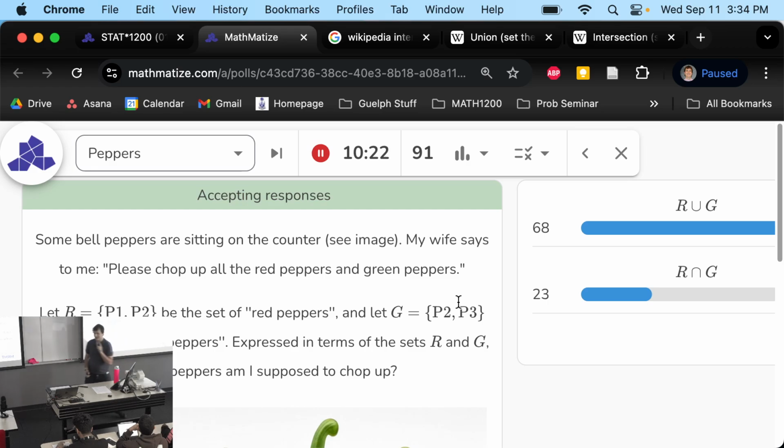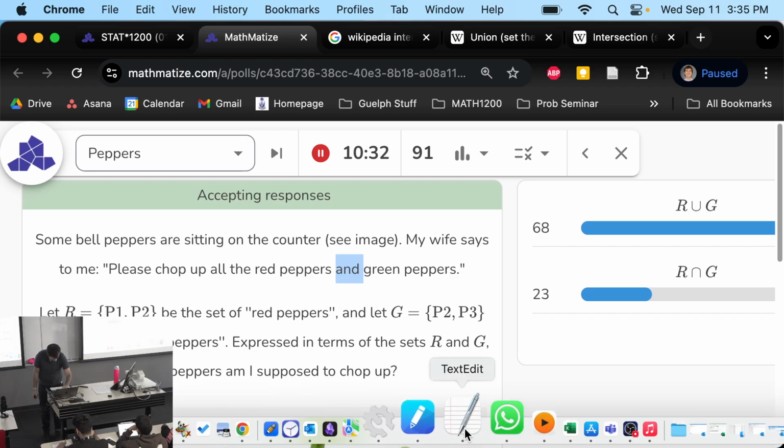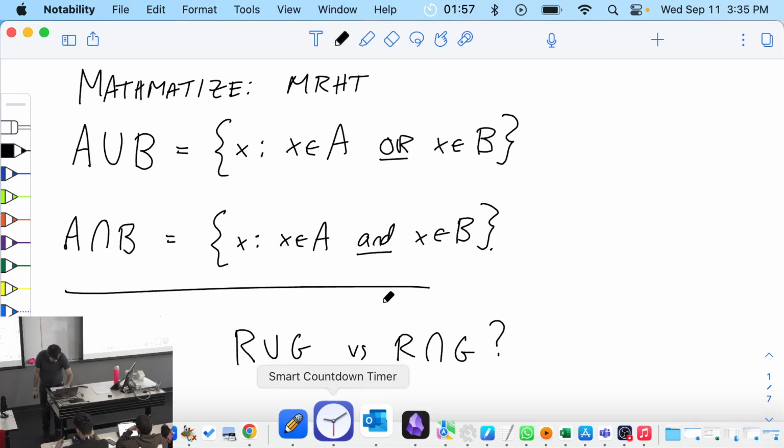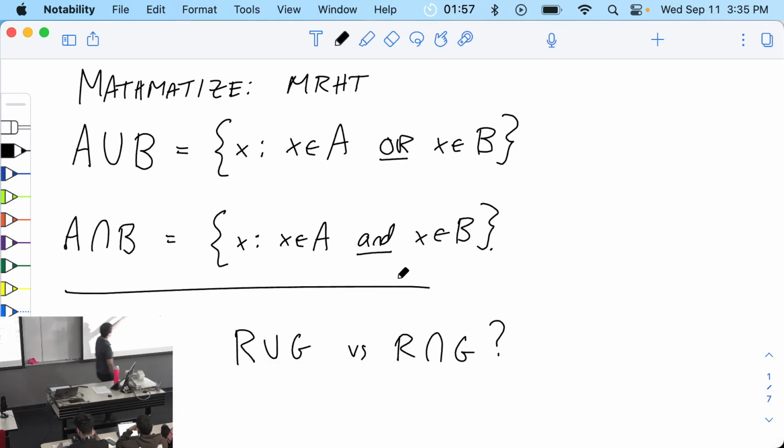Here is a thing I want you guys to puzzle about. In this question, it said and. Why did everybody pick union, where union is the or? So here were the two definitions. Union is or. So the question said red peppers and green peppers, and you guys all picked the one with the or.